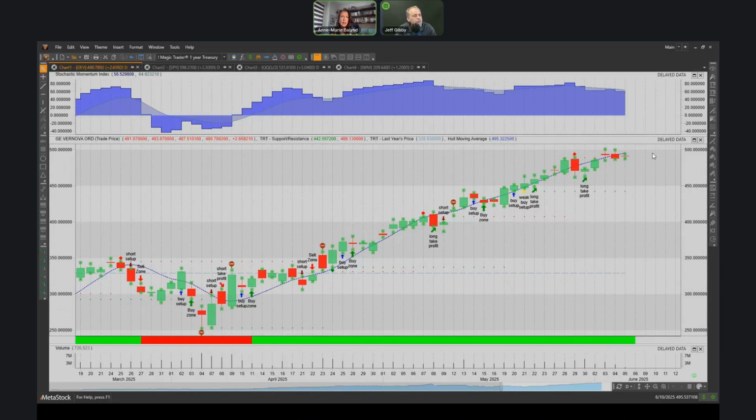Wait for the SMI to hit that zero space and then get back above the moving average. That's a superb place to say, you know what, I'm going to start investing right now. So all of these long triggers look great, but in brand new highs, you have to go, I'm taking some profit.